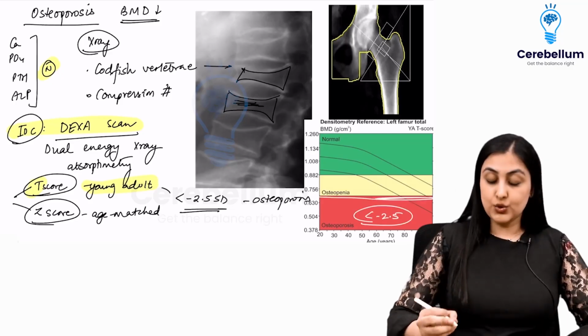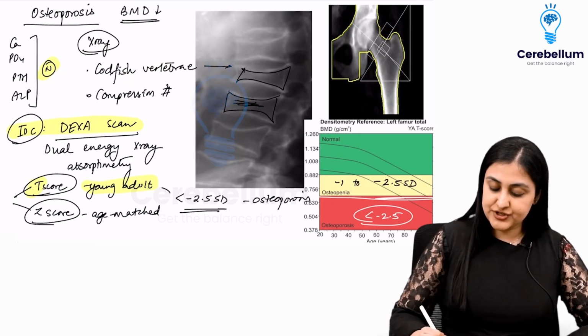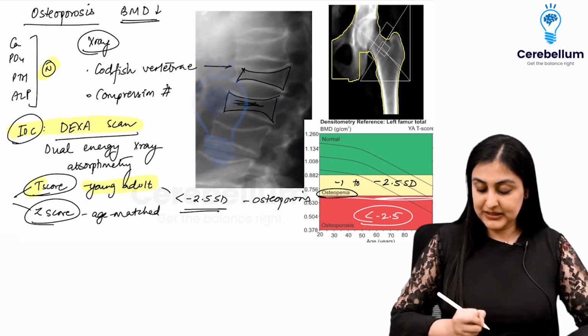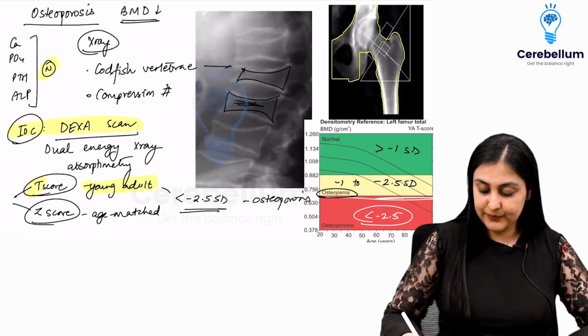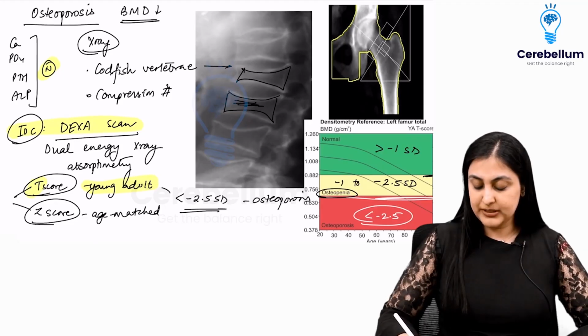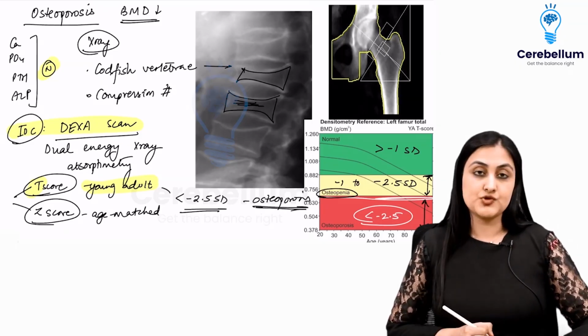When the score is minus 1 to minus 2.5 standard deviation, that is defined as osteopenia, and anything more than minus 1 standard deviation is normal. So this is normal, minus 1 to minus 2.5 is osteopenia, and less than minus 2.5 is osteoporosis.